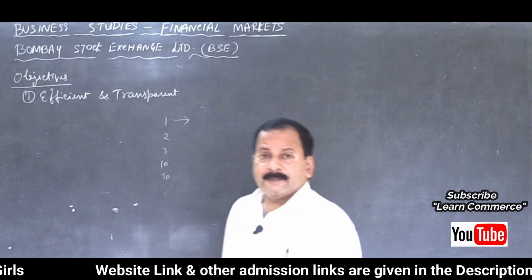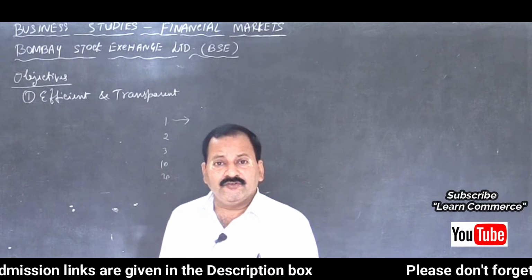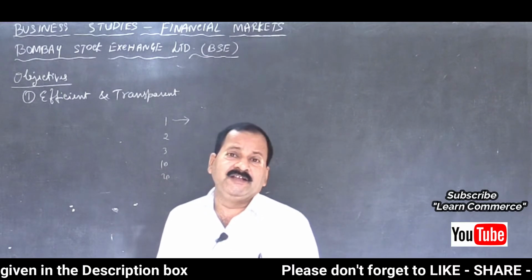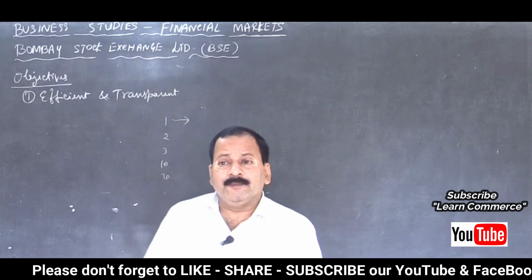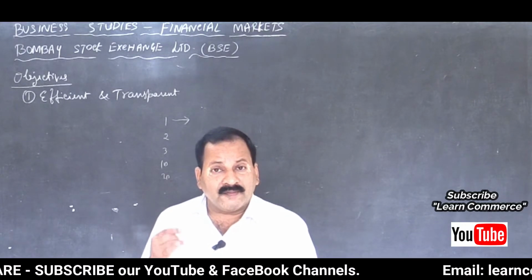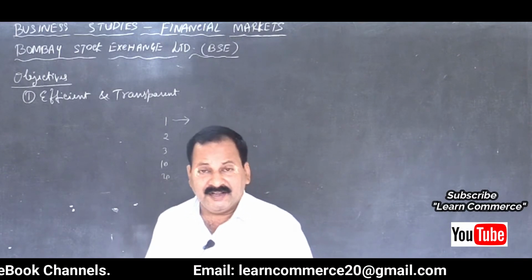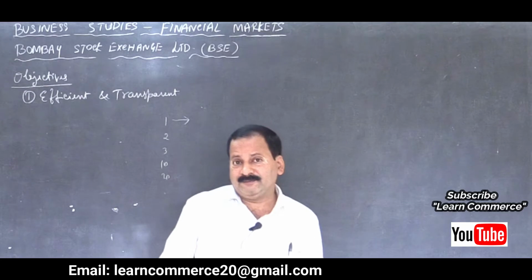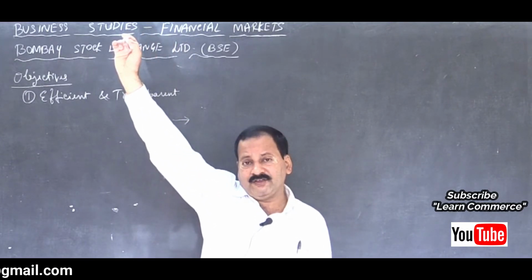Transparent in the sense, no chance for any misappropriation, no chance for any faulty dealings, and the people can see it on the computer screen. There is no control over the prices by the agent or broker, or whatever name you call the intermediary, but there is control by the stock exchange, isn't it?